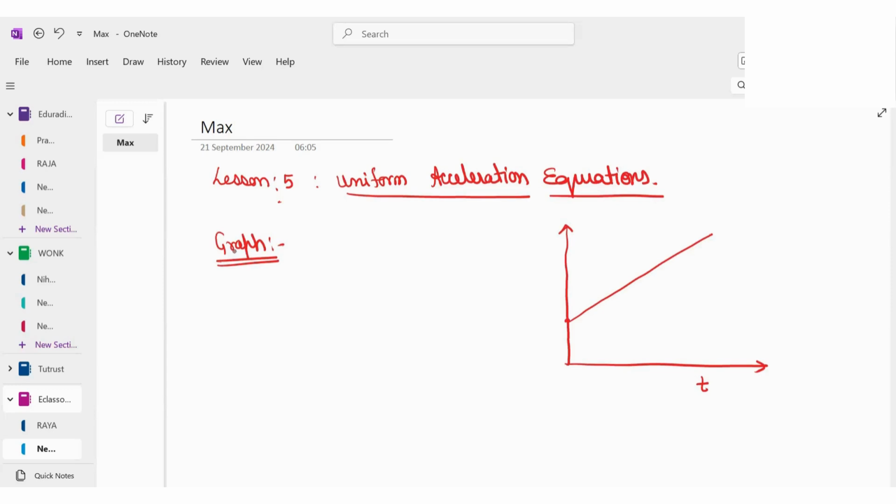Let's say the final velocity is v and the initial velocity is u. So first of all, this is point O, this is A, this is B, C, D, and E.